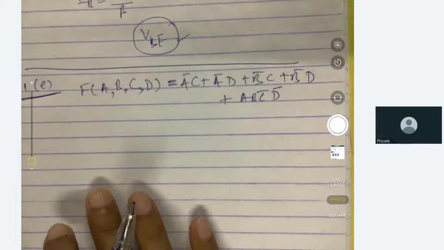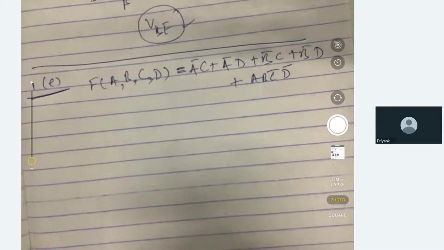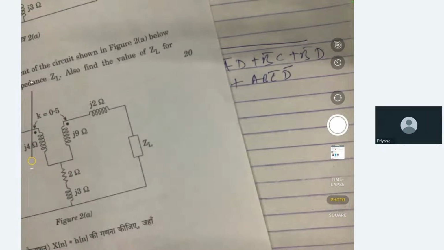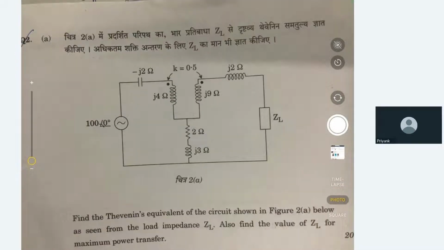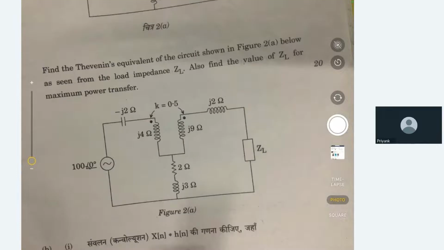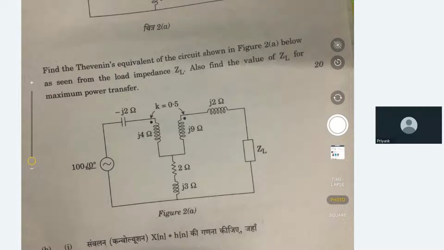Yeah, right. Now coming to question number 2. In the first part they are asking us to find the Thevenin equivalent of the circuit across the load impedance ZL, and they are also asking us to find the value of ZL for maximum power transfer. So this is a comparatively easy question.